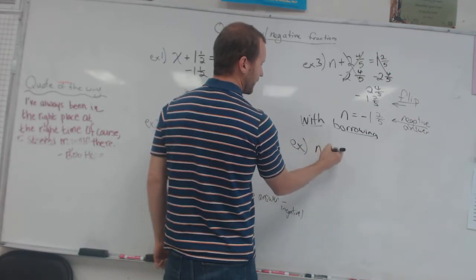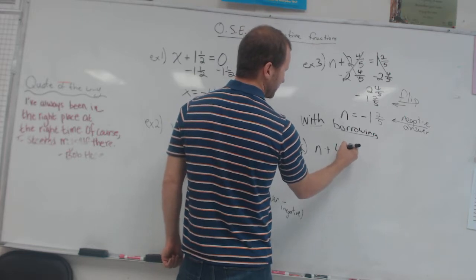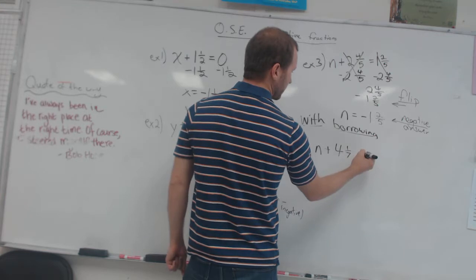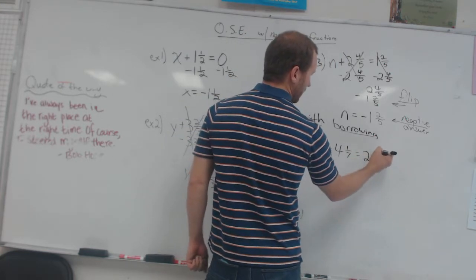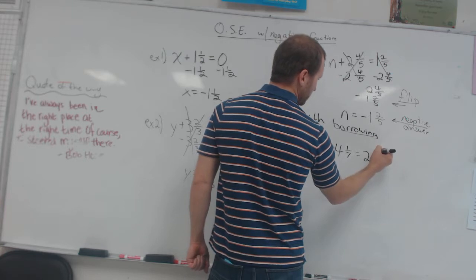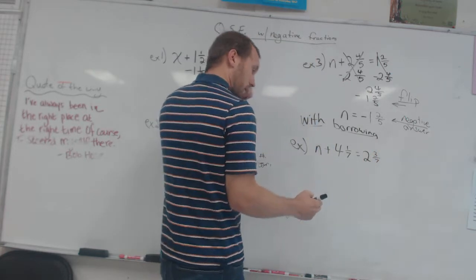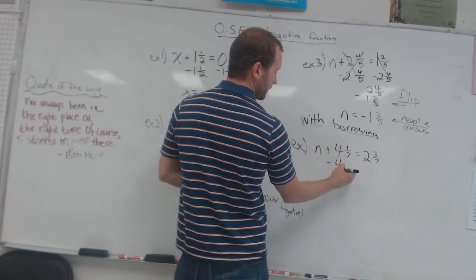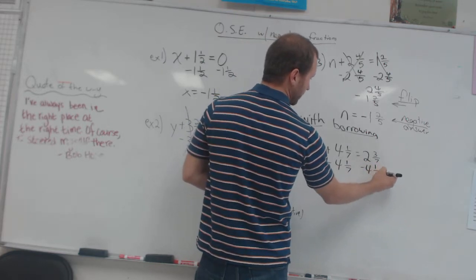What if I had n plus 4 and 1/7 equals 2 and 3/7? So I'm going to do my same steps. Subtract 4 and 1/7.